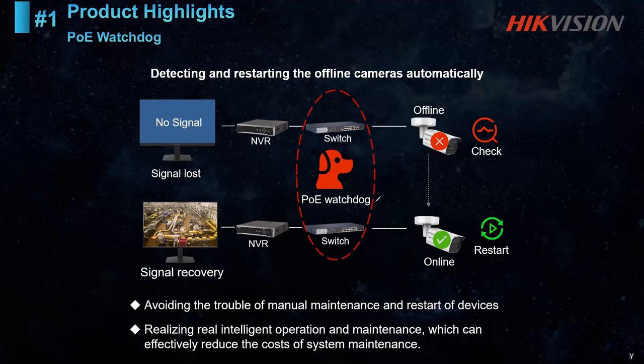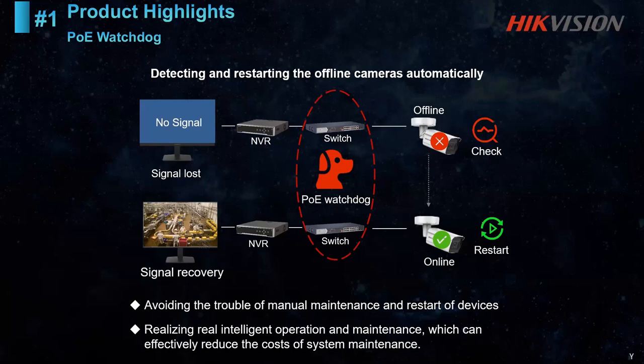But having this kind of a PoE watchdog is able to monitor that power, and whenever it goes offline or something, it can immediately restart the power process, which will help you restart the device. Sometimes the cameras can hang, or sometimes there can be any kind of a disturbance which causes the camera to not respond.